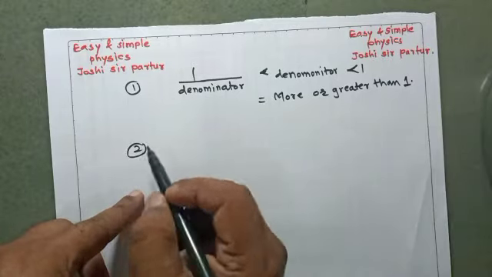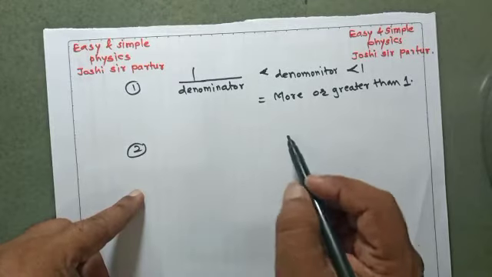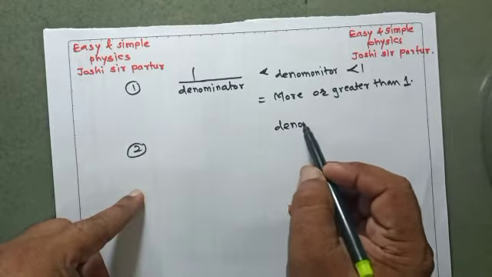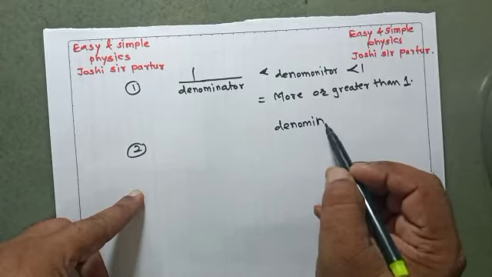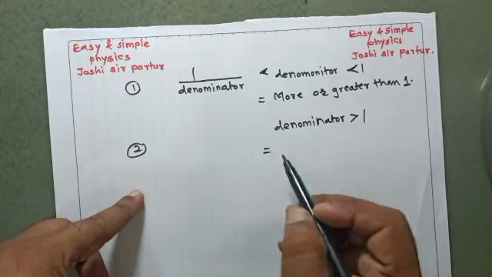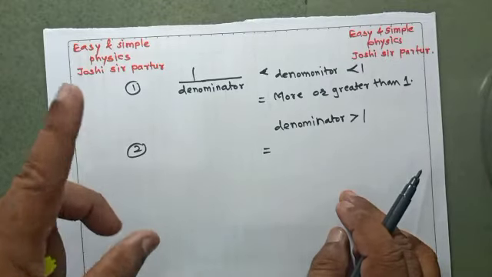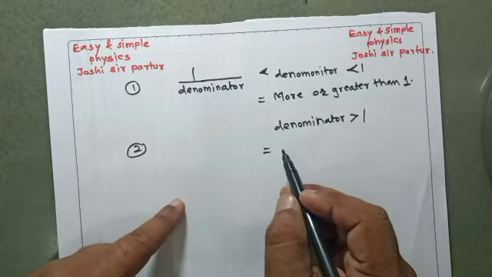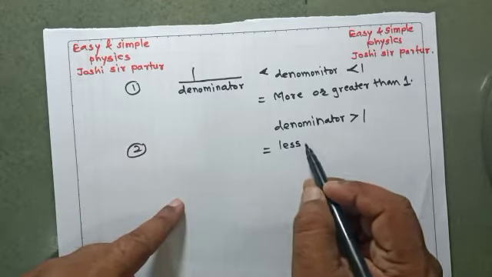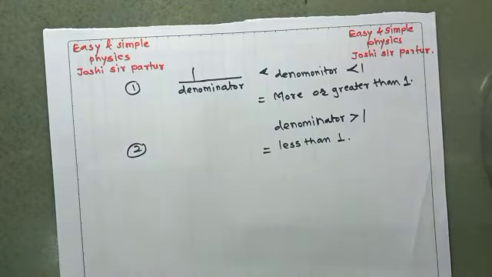Another second thing, if the denominator is greater than 1, then the reciprocal of the four figure number is less than 1. Two things are important.